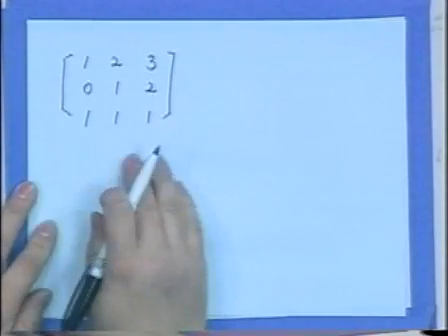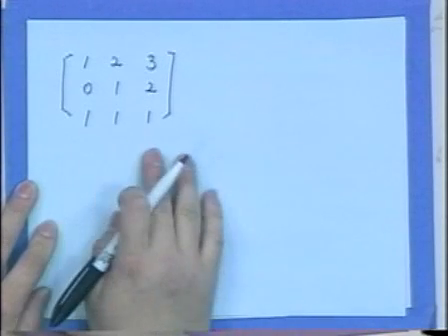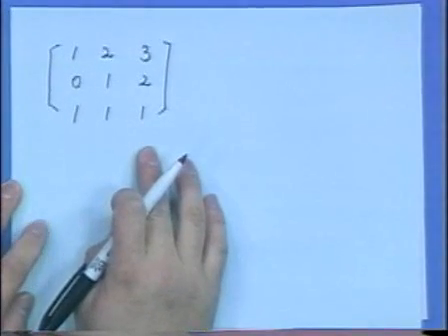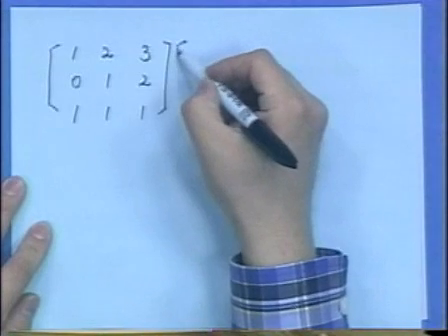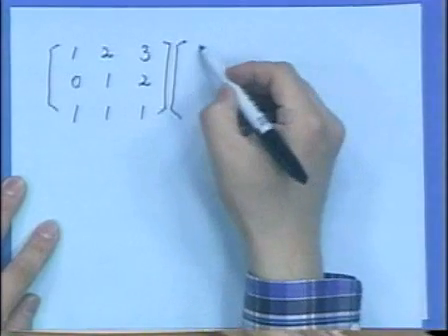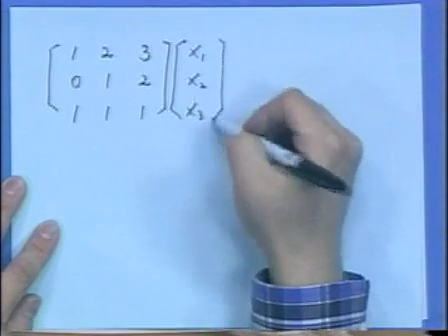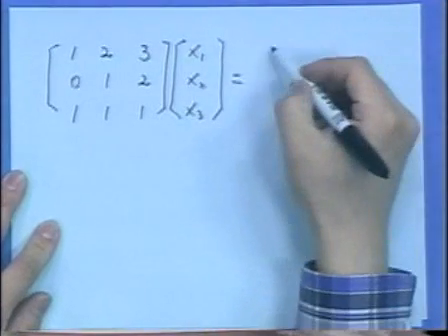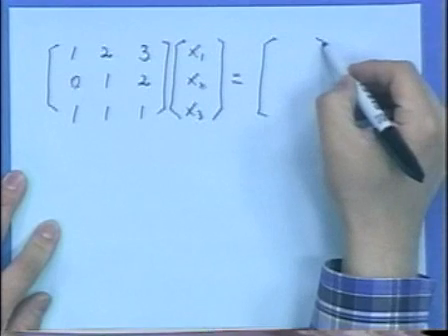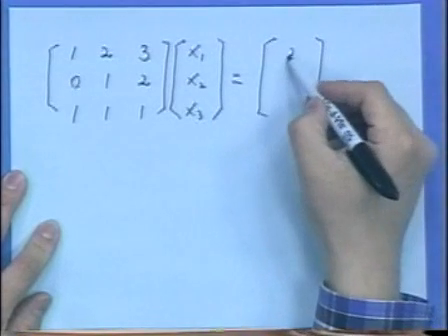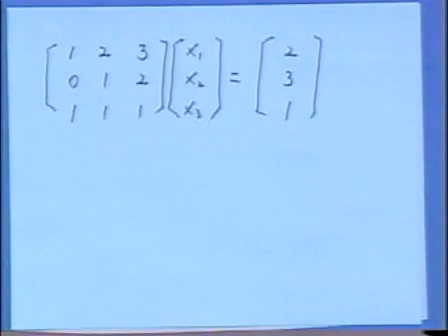I just take out the coefficients of the 3 equations, right, on the left-hand side. And then times the 3 variables, x1, x2, x3, equals the right-hand side of the 3 equations. Those are 2, 3, and 1. Right?